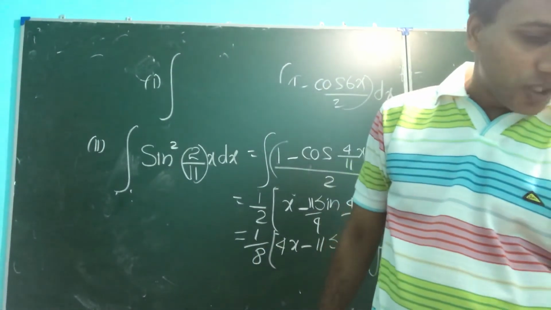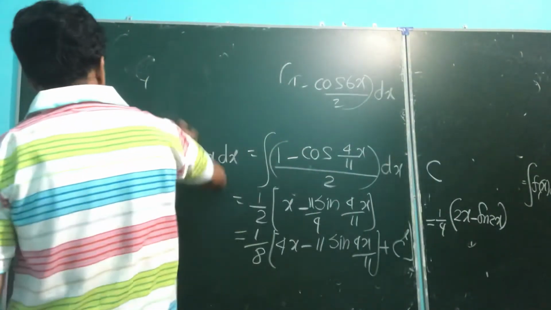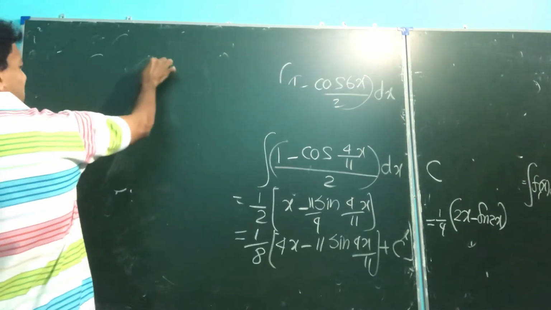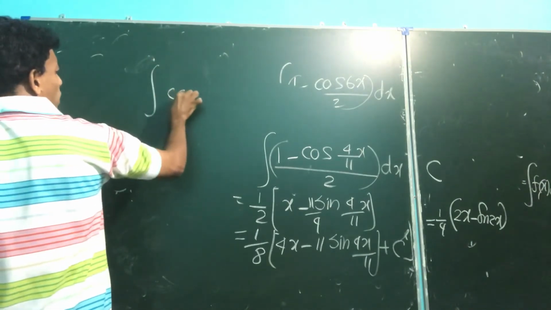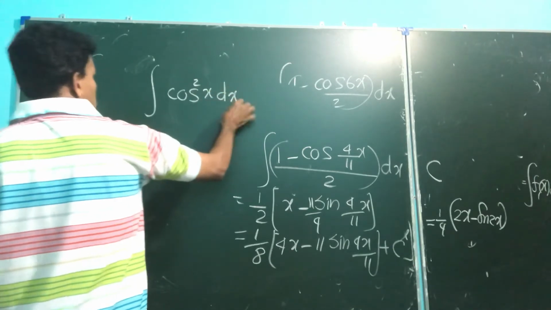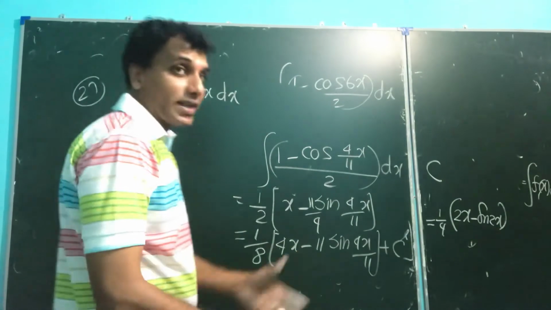Next standard, which one? 26, 27. The 27th one, integral cos square x dx. That's my numbering, right?